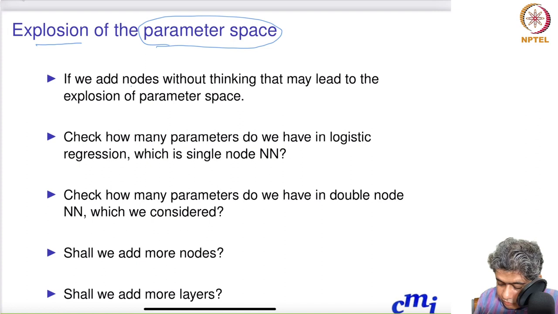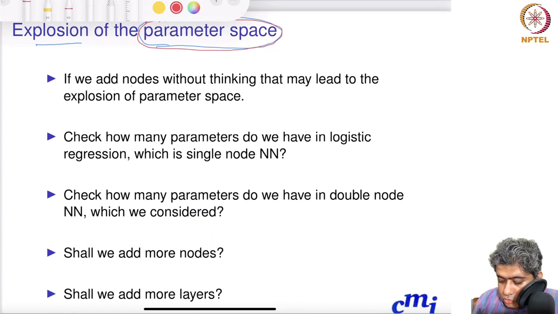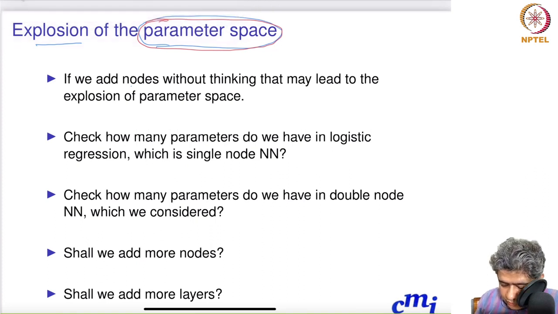You have to be super careful that in a neural network the parameter space can very easily explode if you add nodes and layers without thinking.